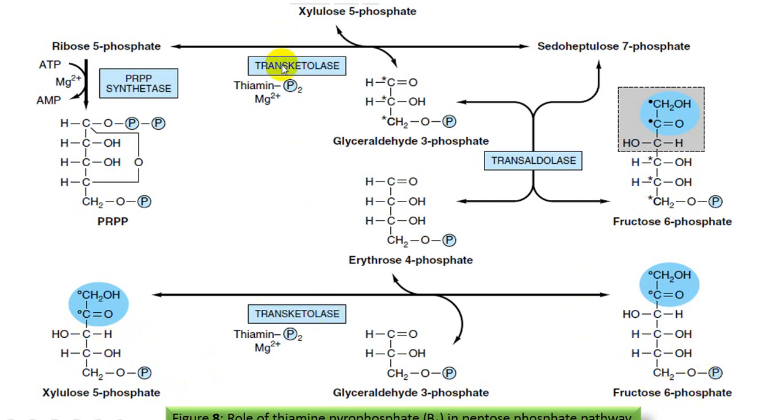Now, there are two steps to convert ribose 5-phosphate to fructose 6-phosphate, both including vitamin B1. Therefore, it is a very important vitamin in the pentose phosphate pathway, especially in the second phase, to synthesize ribose 5-phosphate.